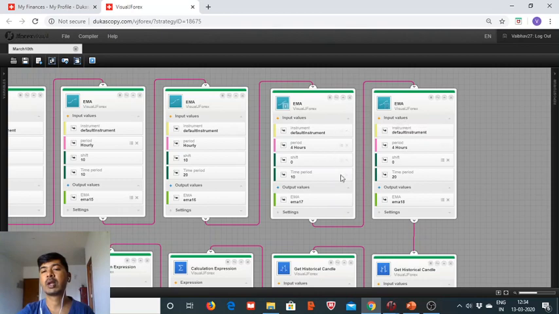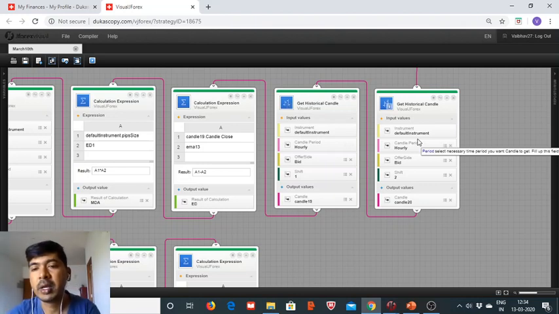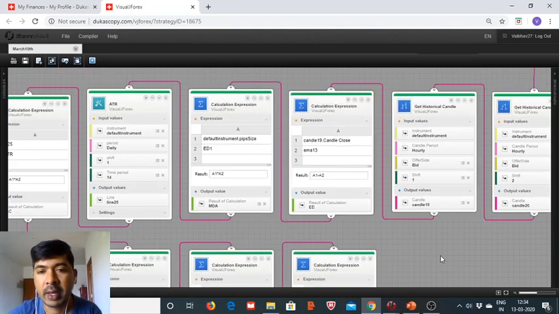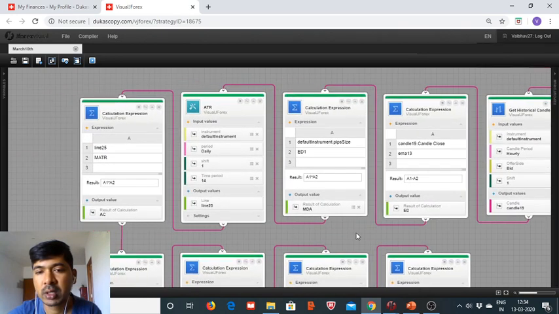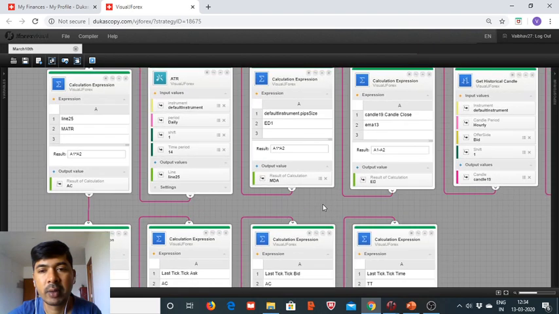This is the 4-hour requirement, EMA 10, EMA 20. These are the historical candle requirements. I think one condition will need to be changed today, that will be for shift 2, so 2 candle periods back, and the rest of the conditions more or less we can work with the same.